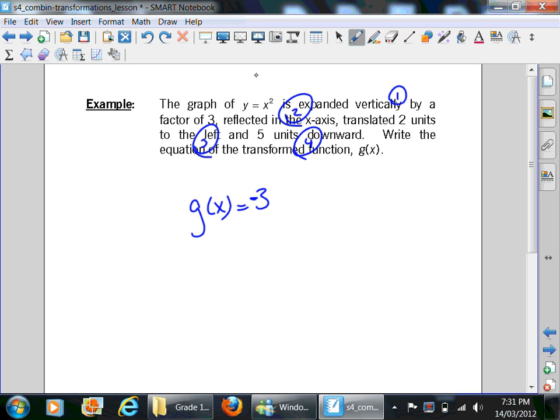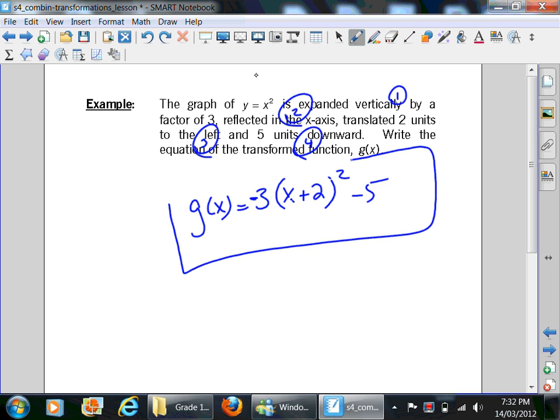Now it says there are some translations here, so I'm going to put x squared. 2 units to the left, so that's plus 2. 5 units downwards, so that's minus 5. So the transformed function g of x is negative 3 times the quantity x plus 2 squared, minus 5.